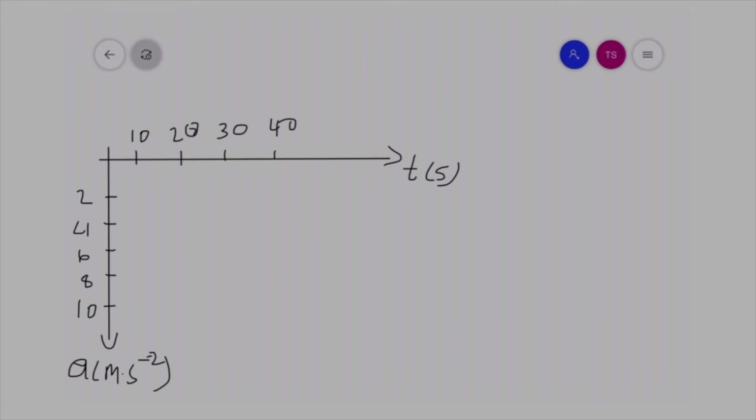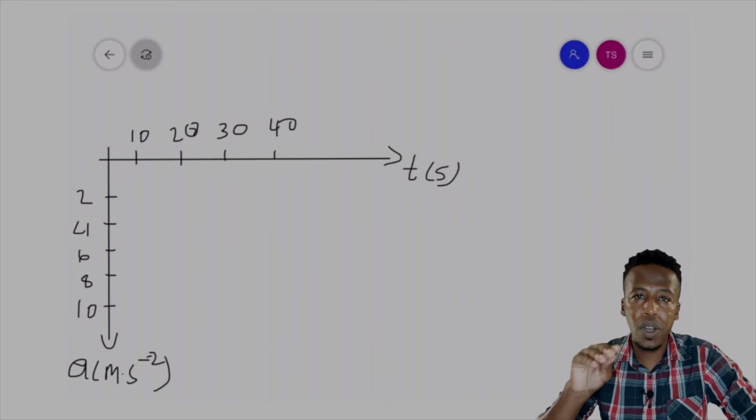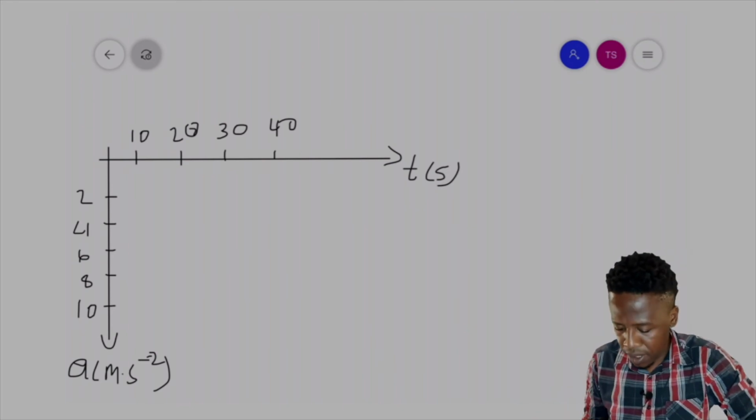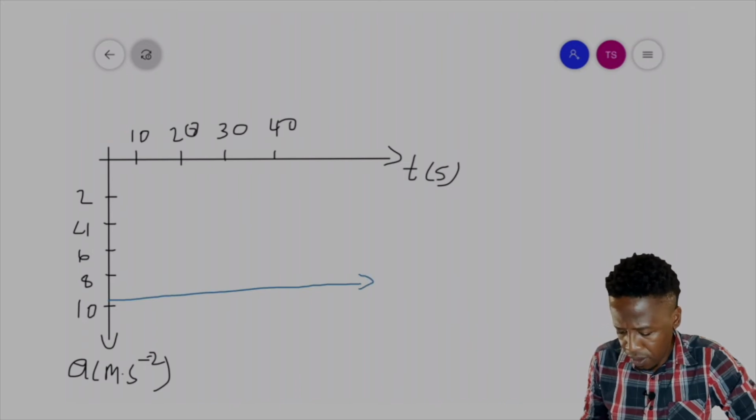Now guys, remember, acceleration in an ideal situation is what? 9.8 meters per second squared, and it's what? Constant, right? Meaning I would put my 9.8 roundabout here and write a straight line across, which would be my 9.8 meters per second squared.